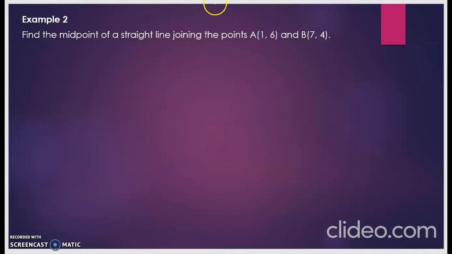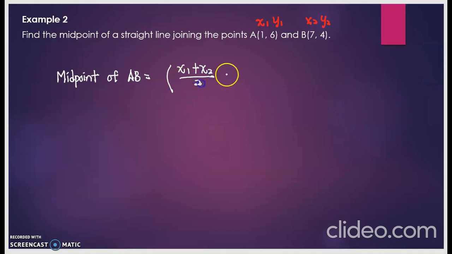From here, let me label the points: x1, y1, x2, y2. So the formula for the midpoint of AB is equal to x1 plus x2 over 2, y1 plus y2 over 2.